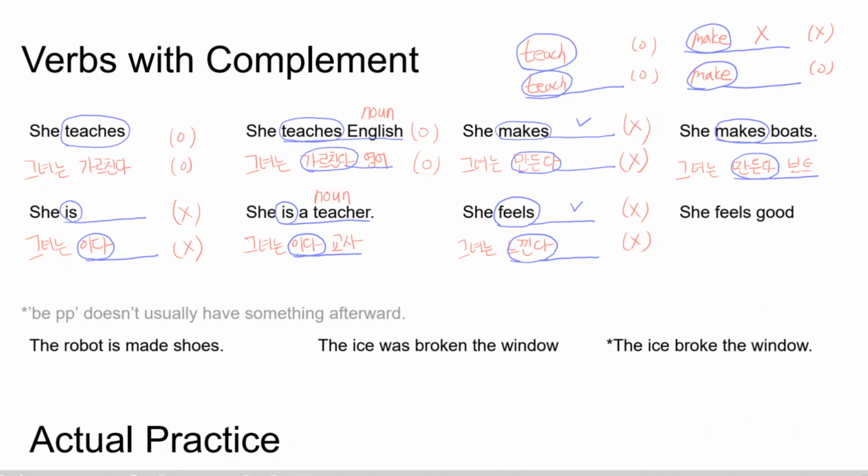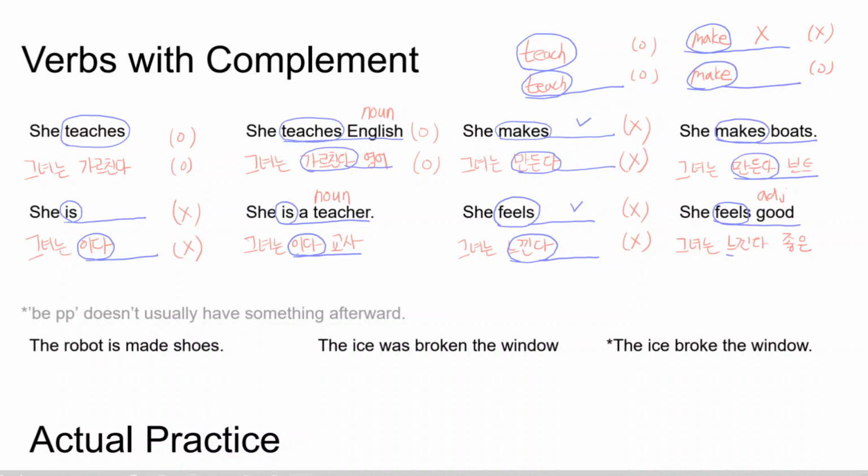Okay? Now we have she feels good. This is, of course, a correct sentence, right? Because the verb feel wants to have a complement, and we have good as a complement here. And good is an adjective. Some verbs need adjectives as a complement. Okay? So, 그녀는 느낀다 좋은.